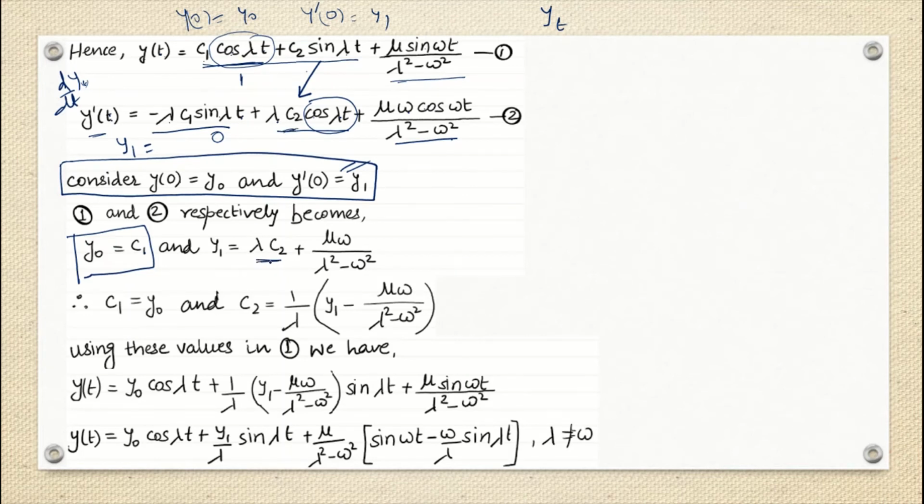Here y1 is lambda c2 plus sine omega t, this will be your 1, so it will be mu into omega divided by lambda square minus omega square. So what we have got till now is the value of C1 and the value of C2. You can adjust using this equation and you got C2 also. And then we are done. We are just going to write the values of C1, C2 in our complete equation.